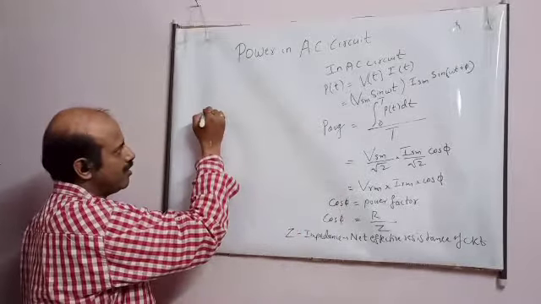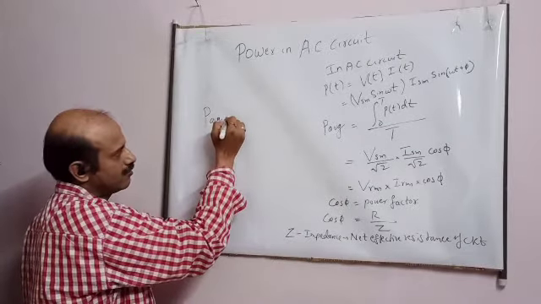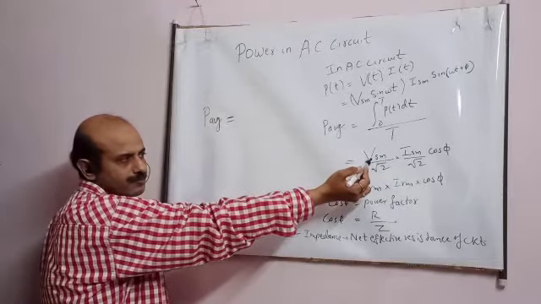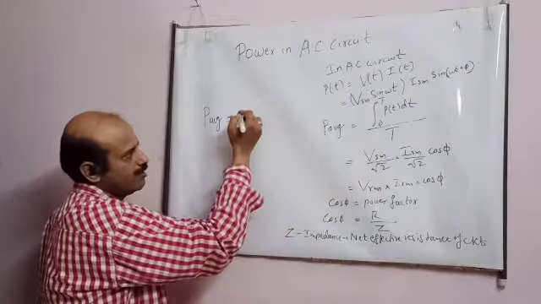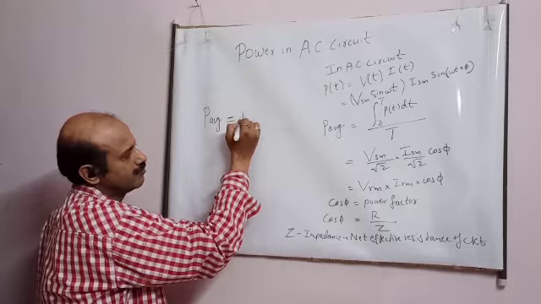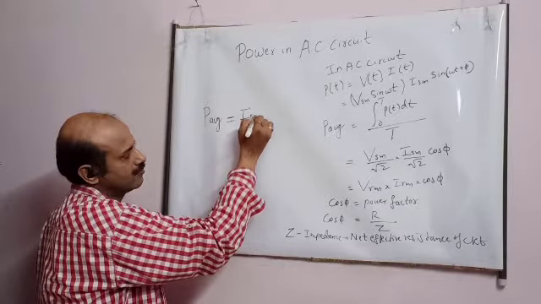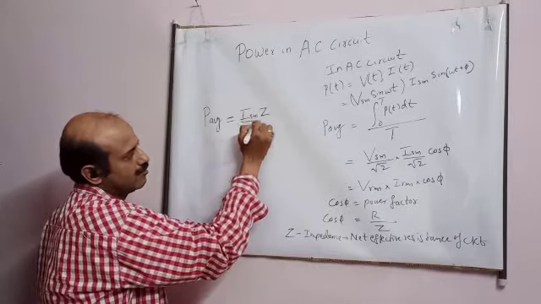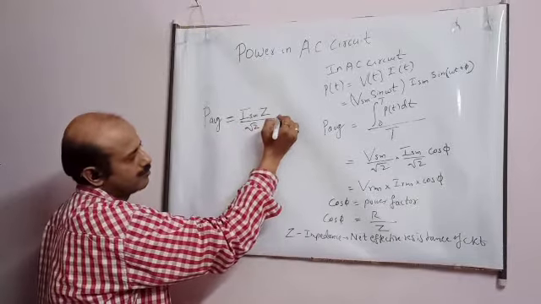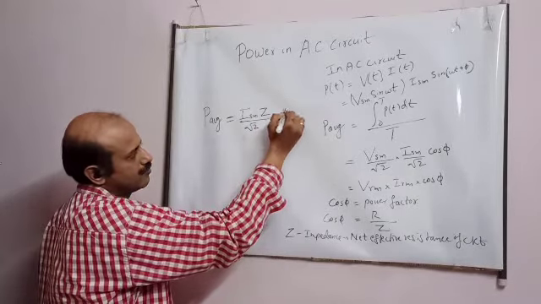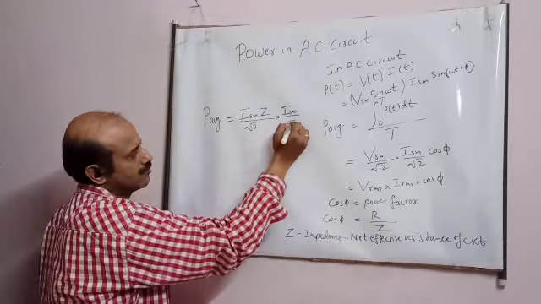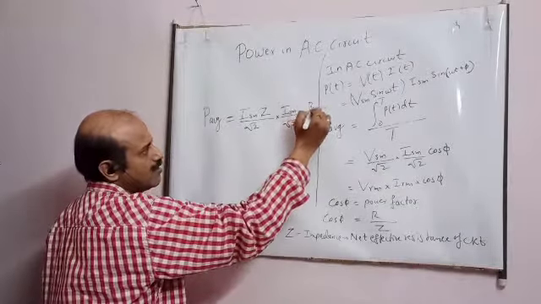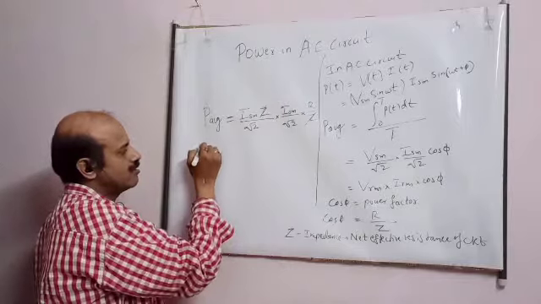From here, student, see, I can write, this is the maximum voltage, so here Ohm's law is applicable. So this I can write IZ upon root 2 cos phi, student, R by Z. So this Z gets canceled.